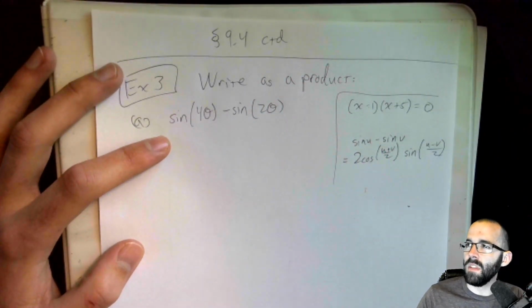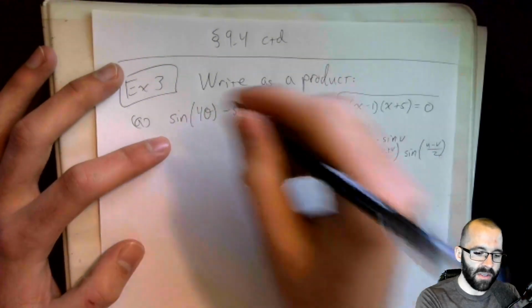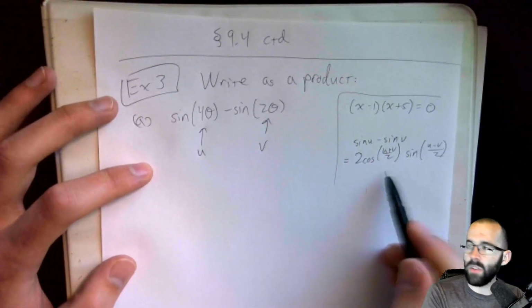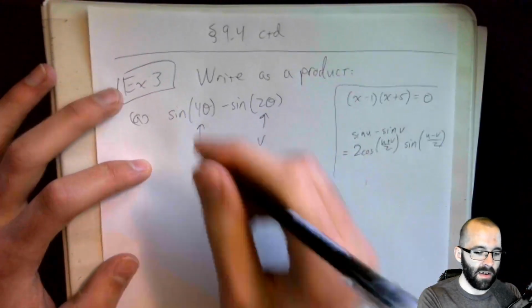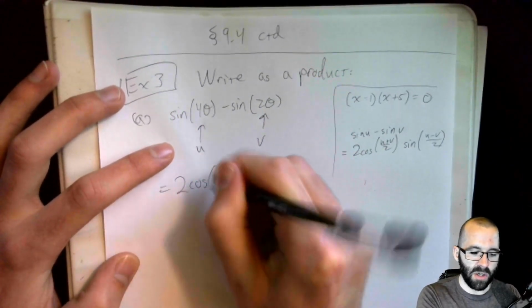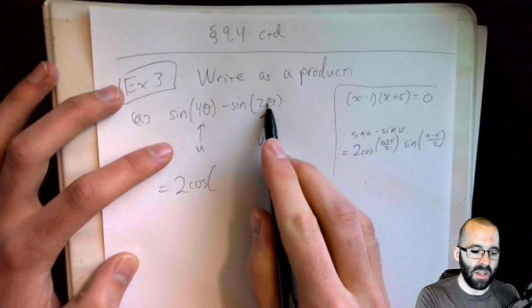Okay? So what we're going to do here is just say that this is our u. This is our v. And then we just plug everything in. So this says it's going to be 2 times the cosine of (u plus v) divided by 2.